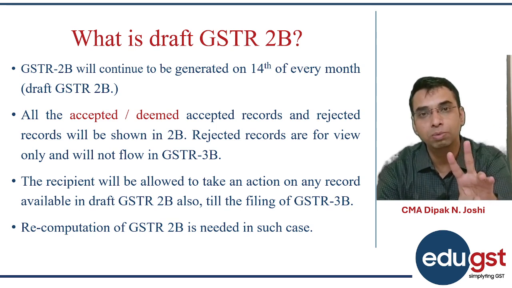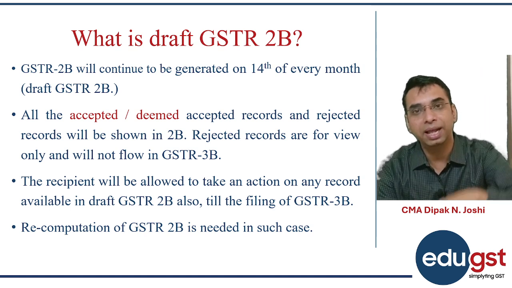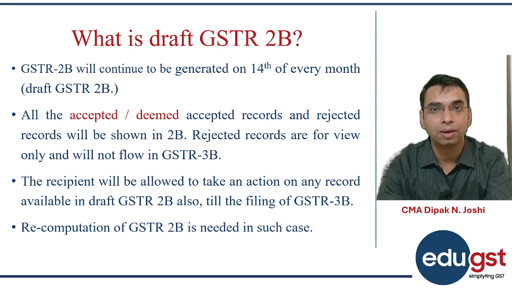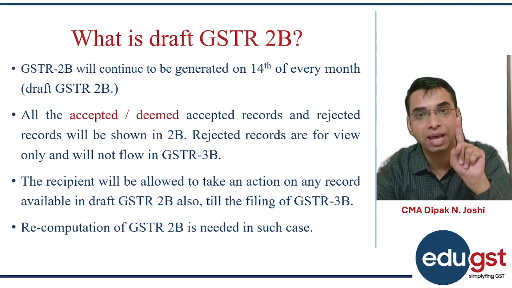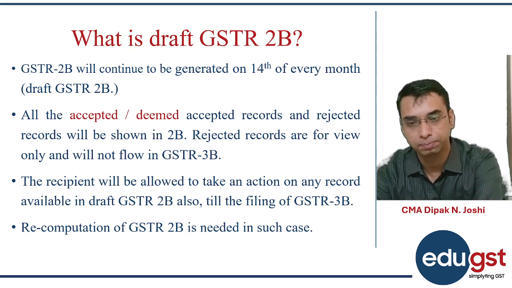See, GSTR 2B will have both the records, accepted as well as rejected, right? But GSTR 3B will have only the records accepted by the recipient.